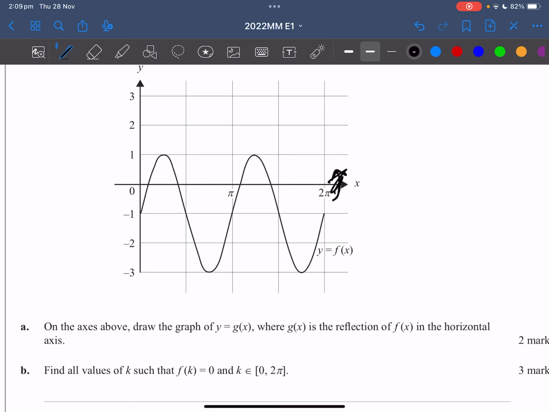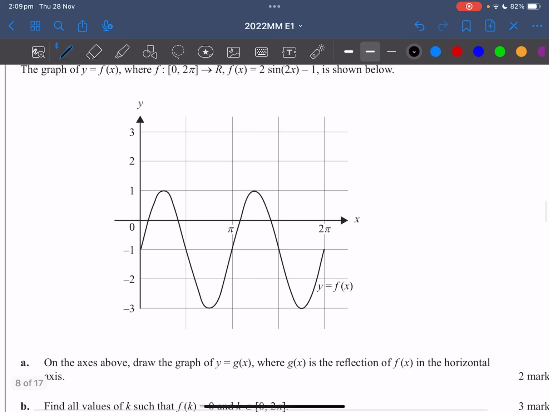So what will happen if I were to quickly just draw points? Rather than -1, if I were to flip it across x, it will become +1. So we'll just draw a bunch of dots to make our life easier. So here, this will go down all the way to here, and then this point over here will go up like so.